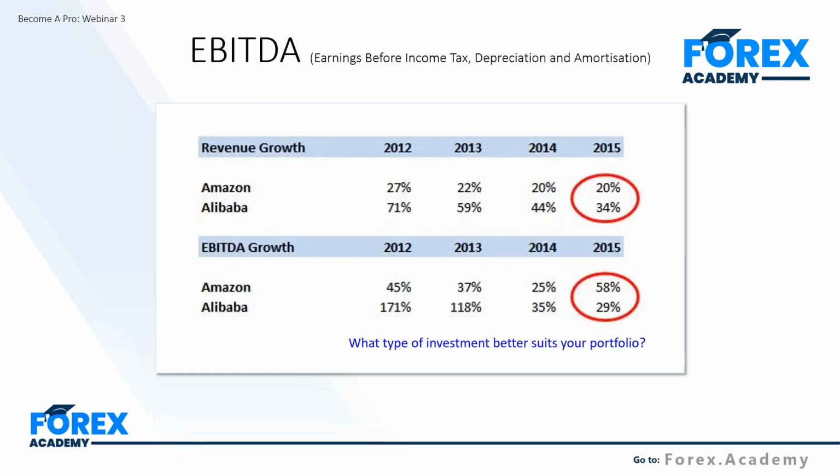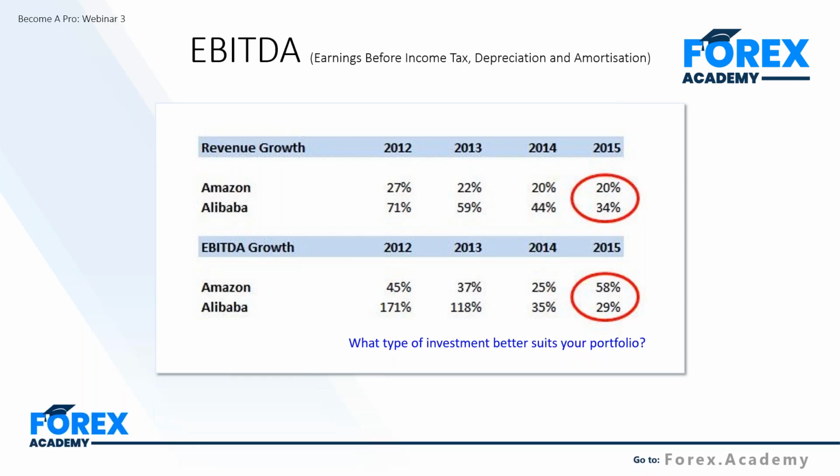And then of course we have EBITDA, otherwise known as earnings before interest, tax, depreciation and amortization, of course. So what I've done here is just to, I suppose, add a level of interest into this discussion and just discuss revenue growth over earnings before interest, tax, depreciation and amortization, just because we have two very similar companies with Amazon and obviously the retail online giant Alibaba.